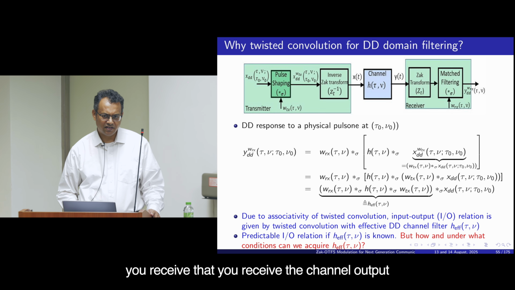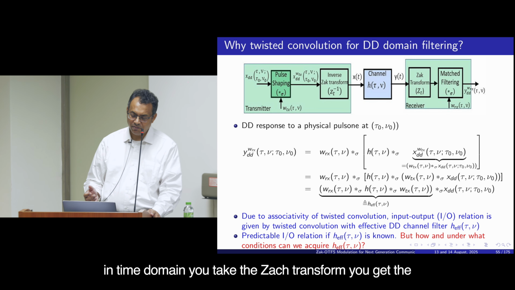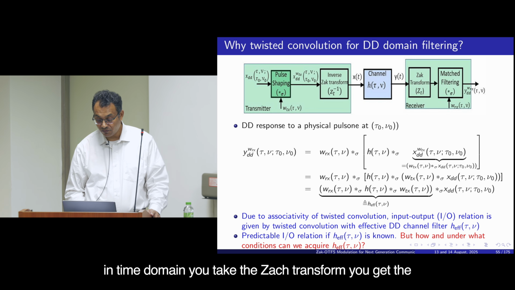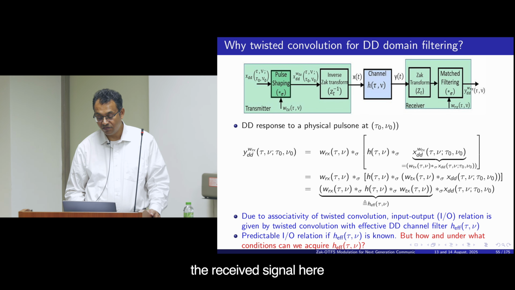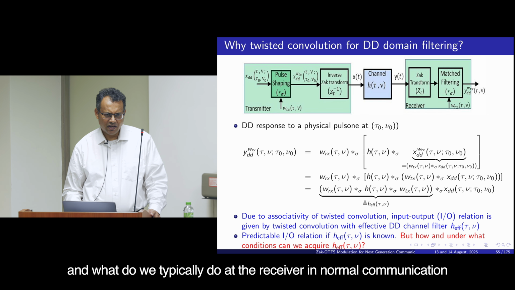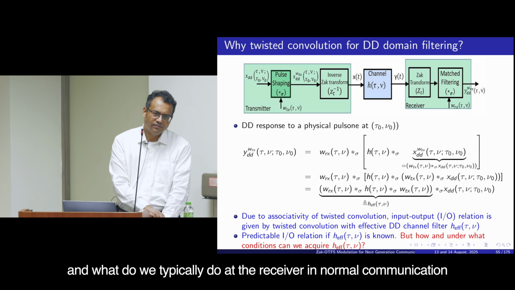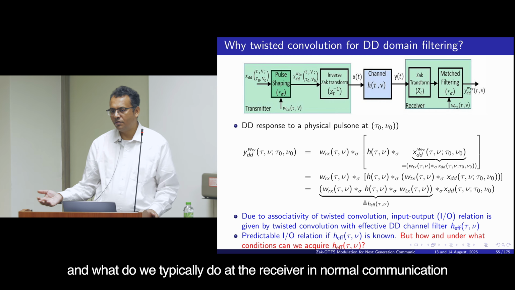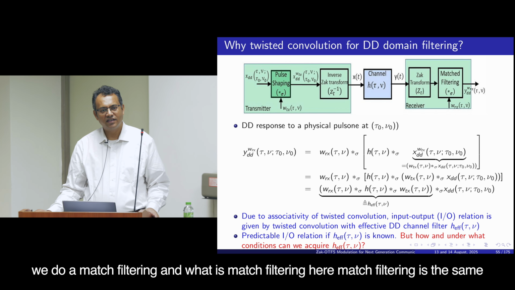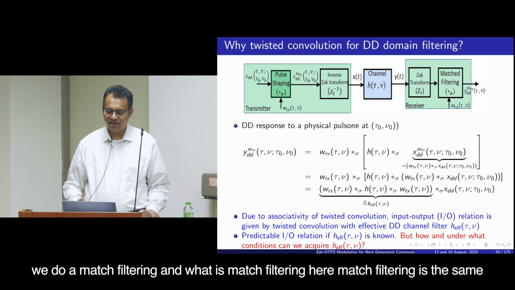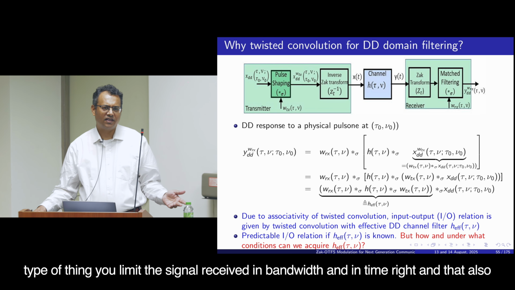You receive the channel output in the time domain, you take the Zak transform, and you get the delay-Doppler representation of the received signal here. And what do we typically do at the receiver in normal communication? We do matched filtering. And what is matched filtering here? It is the same type of thing.